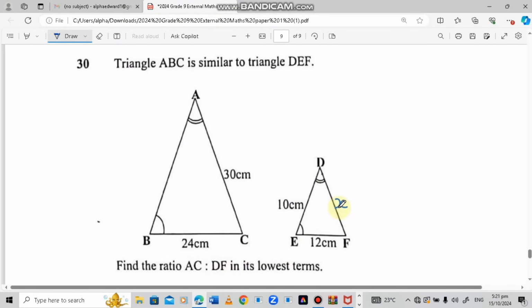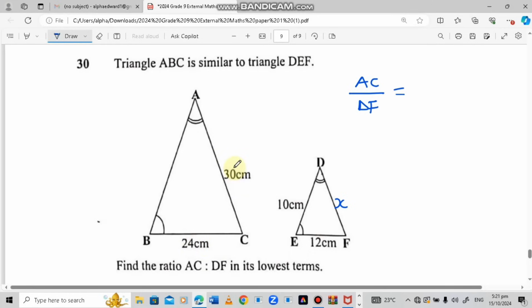So to find X, we are supposed to use the ratios. We say AC divided by its corresponding side in the smaller triangle, which is DF. AC divided by DF is equal to, now we can use the other corresponding sides, which are known, we have values.